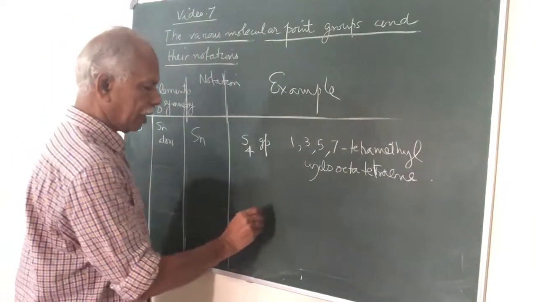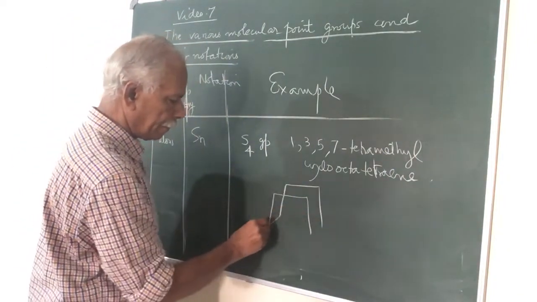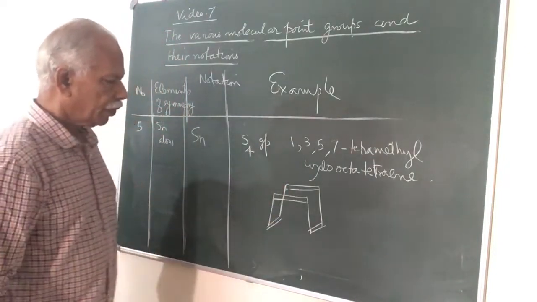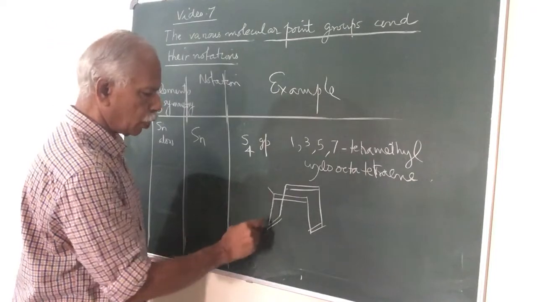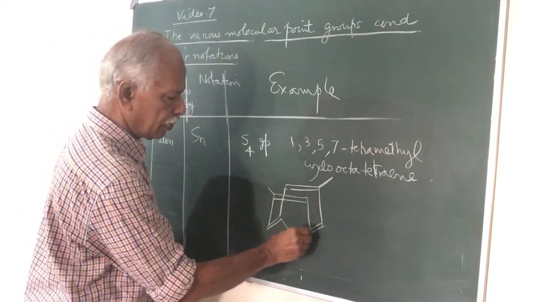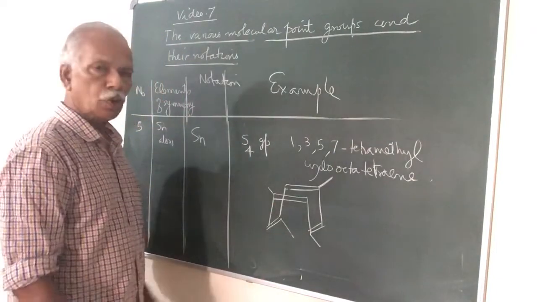This picture will be like this. If I start here 1, 2, 3, 4, 5, 6, 7. These are the methyl groups.